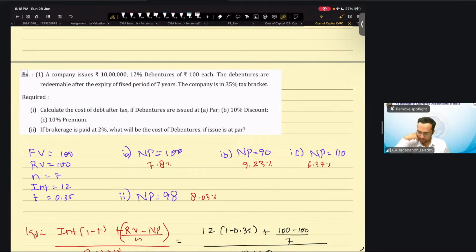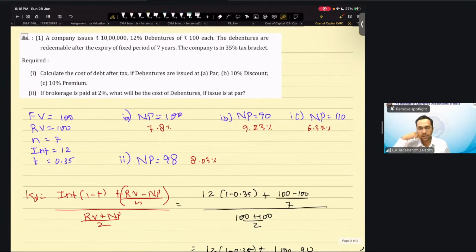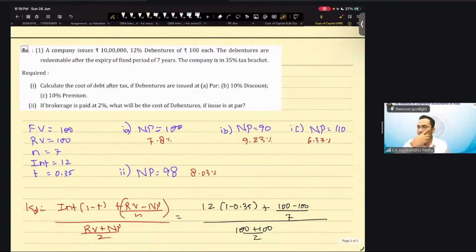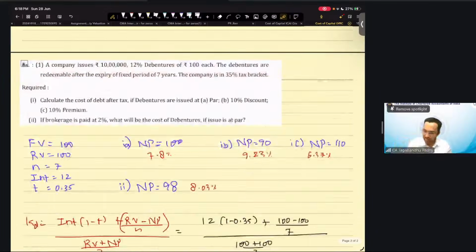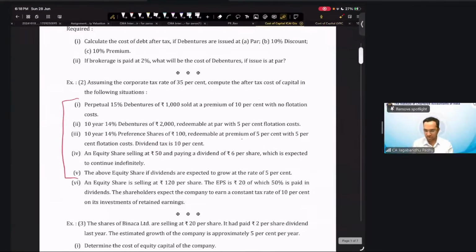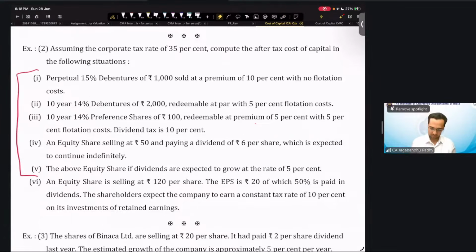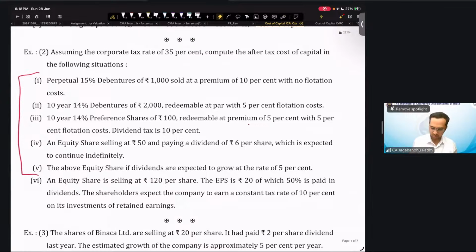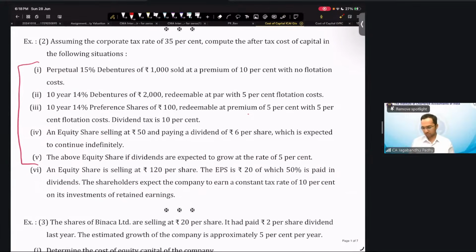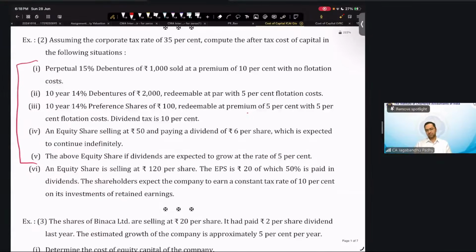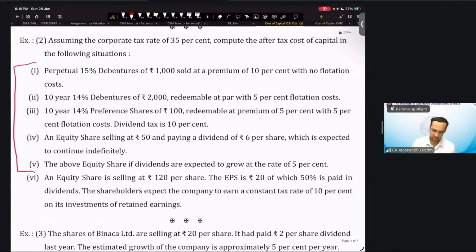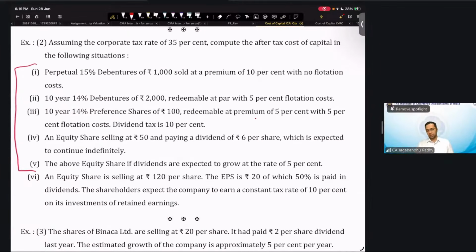Okay, so I'll go for the next question. Shall we go for the next question? Okay, let's take up this one now. This is question number 2. I have the second question, with a total of 6 sub-questions to it. So try to solve all of them.